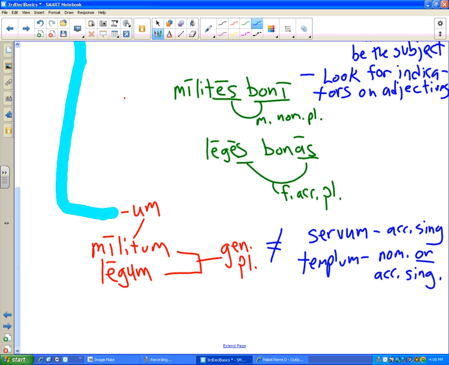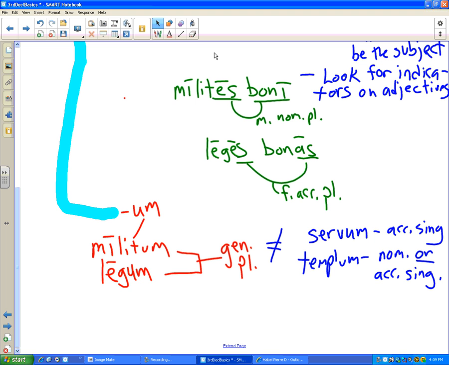So, big picture, you can also rely on adjectives with this ending, and with the other endings I've highlighted so far. But as you learn new third declension nouns, it's important to think of them as being third declension, so that when you see the form militum or legum or pacum or salutum, you can say, that's genitive, and give it an appropriate translation.